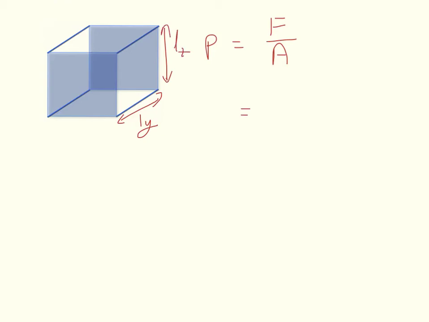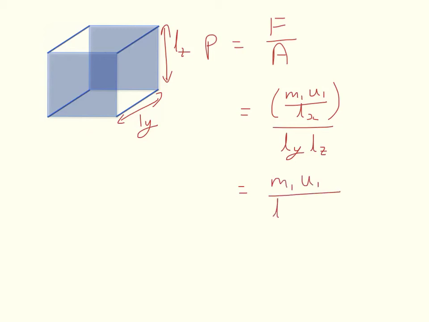So that's going to be m1 u1 squared over Lx, because that was the force, divided by Ly times Lz, which will be m1 u1 squared divided by Lx Ly Lz. As Lx, Ly, Lz is equal to the volume, we can rewrite this as m u1 squared divided by the volume.